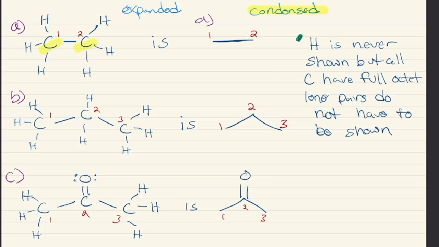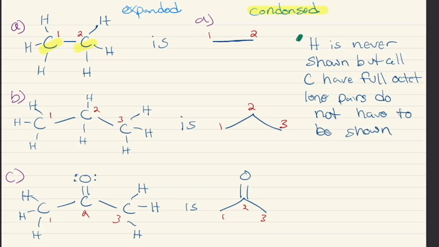There are multiple ways to fulfill carbon's octet. In this case, this condensed form of one line is actually representing 6 hydrogens, where 3 are bonded to carbon 1 and 3 are bonded to carbon 2. Notice I have labeled each end of this straight line with the values 1 and 2 to represent where those carbons are.